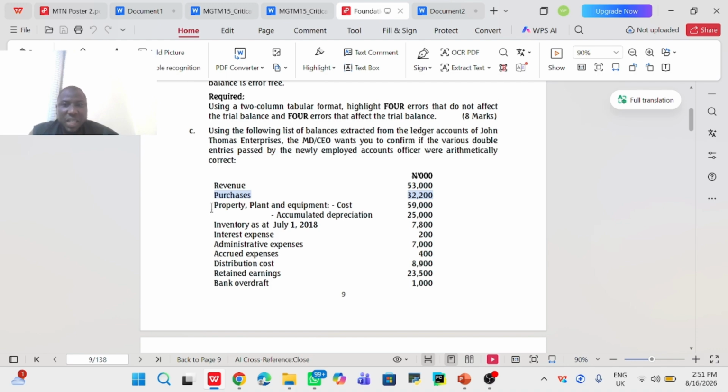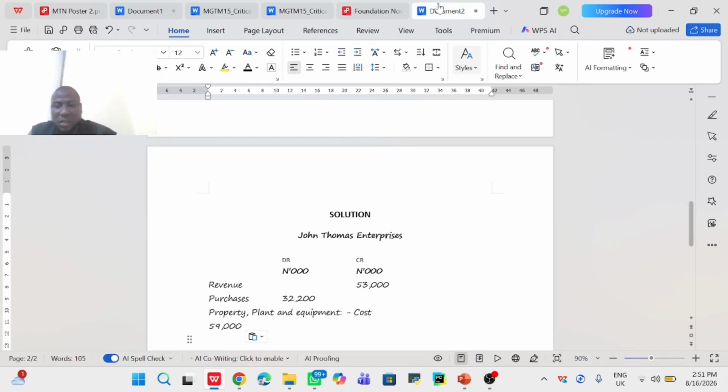It is an asset, and as you know, assets must be on the debit side.